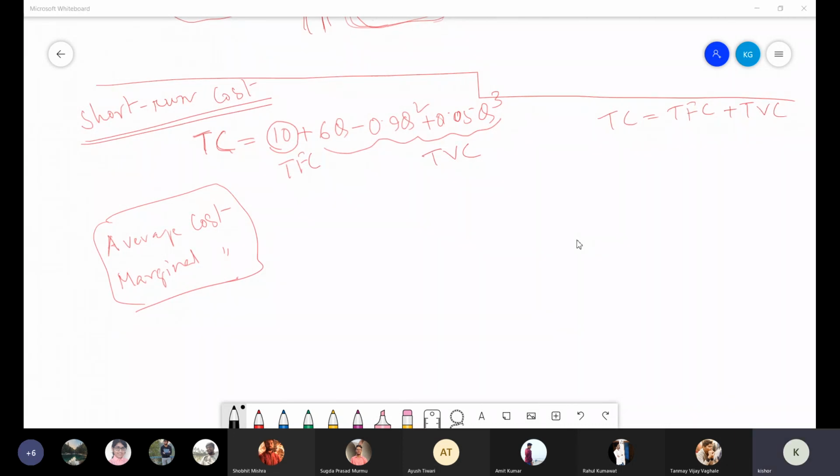I started that system around 15 minutes before, but all of a sudden when I went to open my MS whiteboard, this write-up started creating problems. It totally disappeared. Anyway, last class we were talking about this short run. Already we missed some valuable time, but still I am trying to do it as quickly as possible.